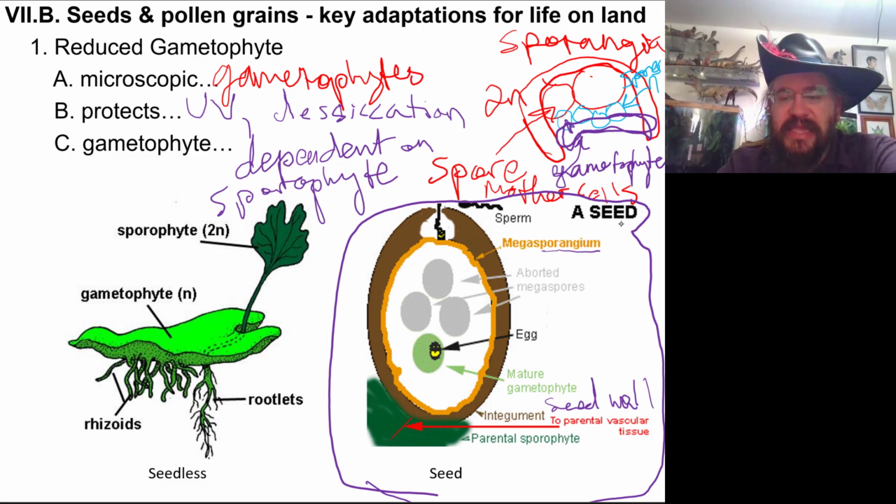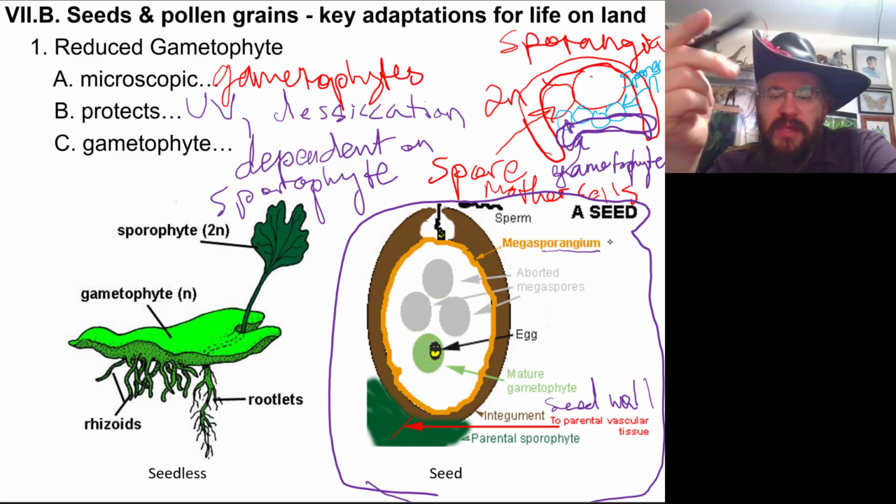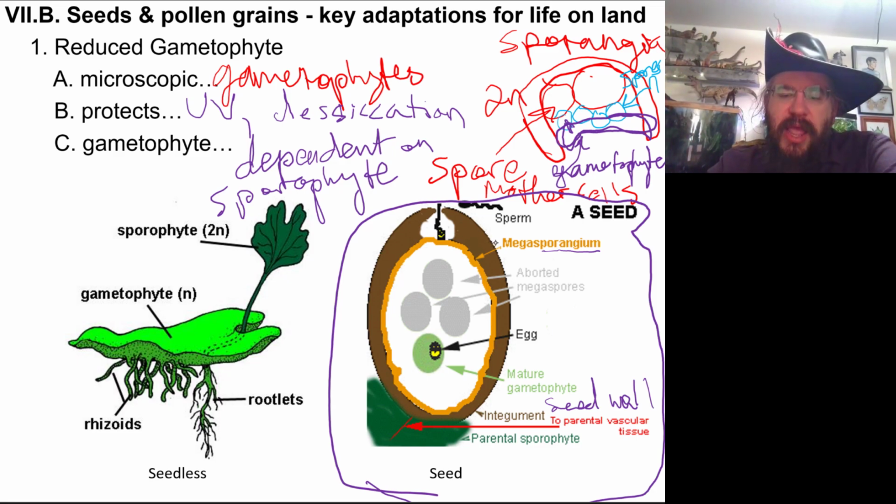Since this is the seed, right, it's going to produce the egg. So it's going to be the female gametophyte. Female gametophyte, big gamete. So, if it's related to an egg, you tack mega onto anything that will be associated with that.